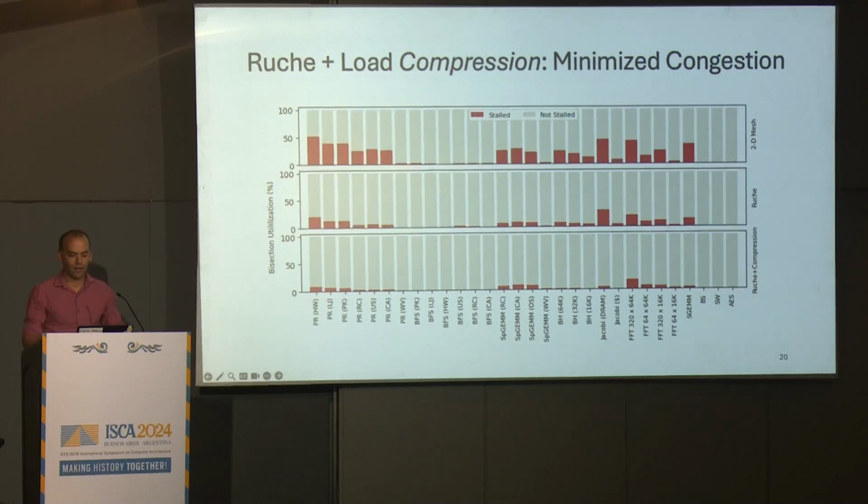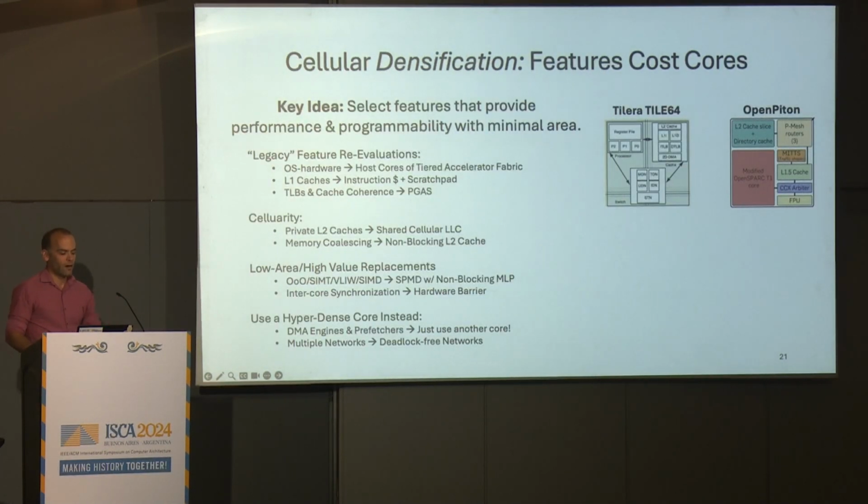This is key for the next concept, which we call cellular densification. The idea here is that we should select features that provide performance and programmability with minimal area in order to maximize density. Now, this low latency is key because it allows us to eliminate many of the features that you would have seen in prior architectures, such as L1 caches or L2 caches or TLB misses.